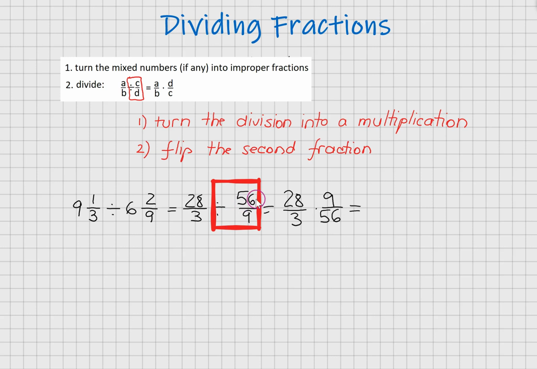And this one is just the multiplication. The first thing in the multiplication was to turn the mixed numbers into improper fractions, which is good. And the second one, if you remember it, I advised you to simplify.